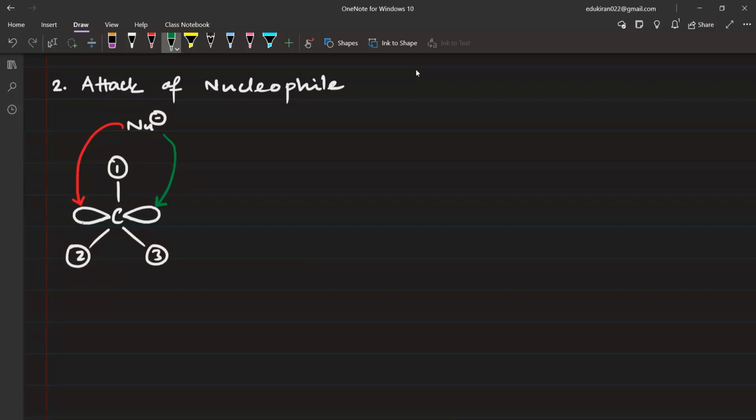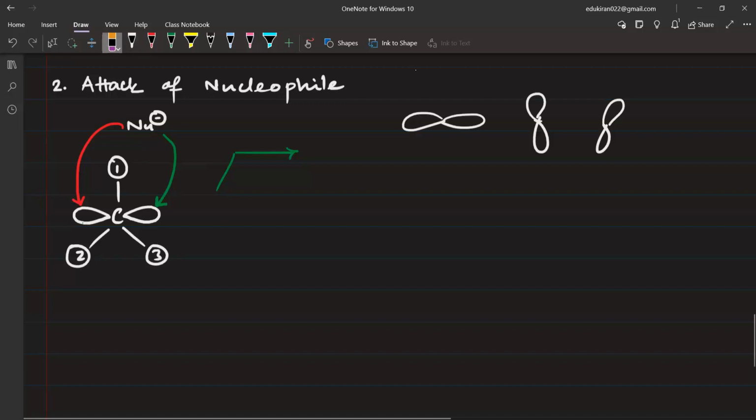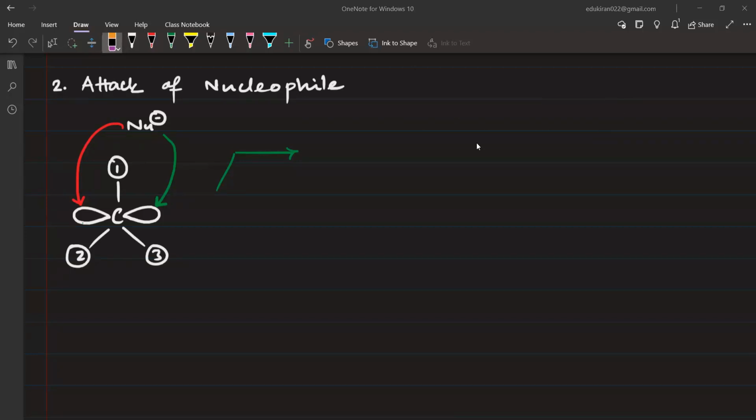So let us first look, if we have the green pathway, what is the product? The p orbital is like this, right? We are just showing the orbitals and also the carbon atom, we are not dividing it.